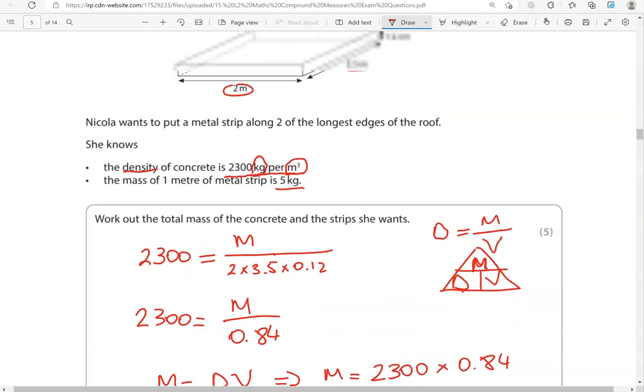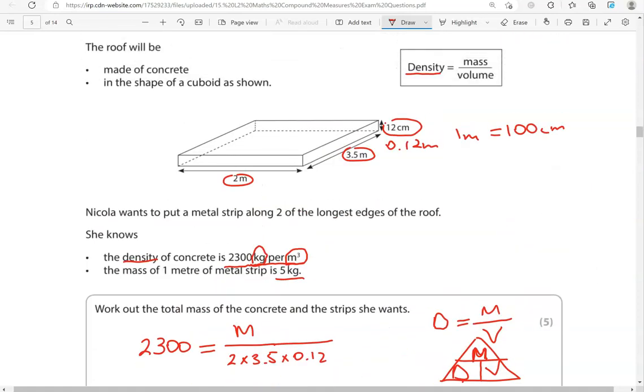We don't know the mass of the strips though. We're given that the mass of 1 meter of metal strip is 5 kilograms. So she will put that along 2 of the longest edges of the roof. The longest edge is 3.5 meters. So that's going to go here and here.